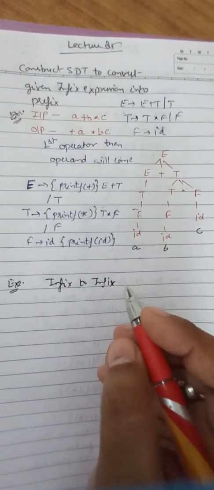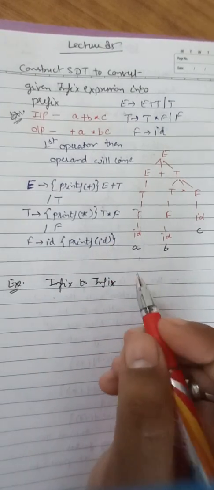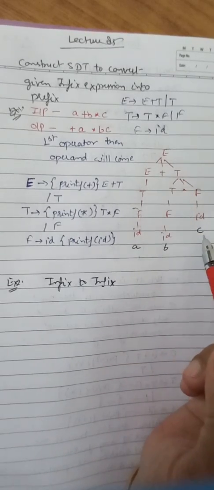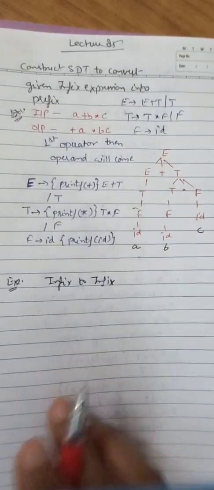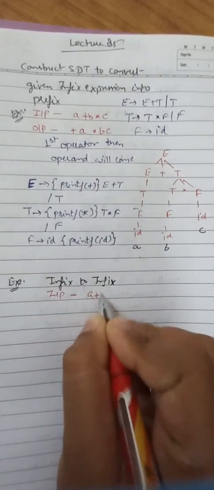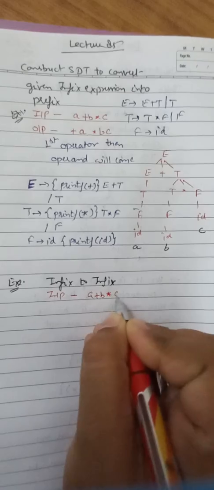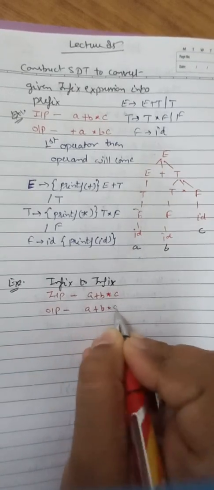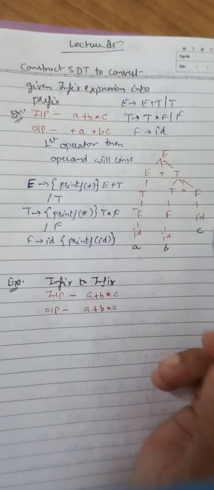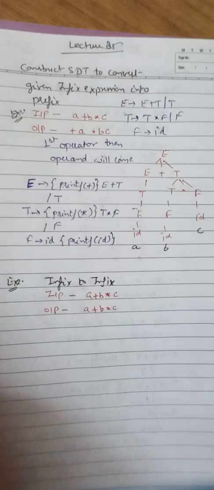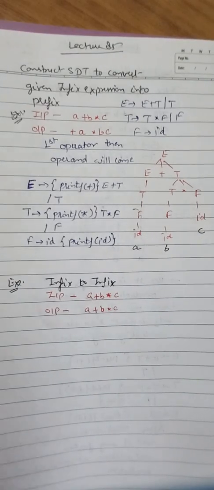We will see how to construct the SDT for this also. This will be the same, because the input will be A plus B star C, and the output will be the same, A plus B star C. So the tree will be the same. How will we write the SDT for this?